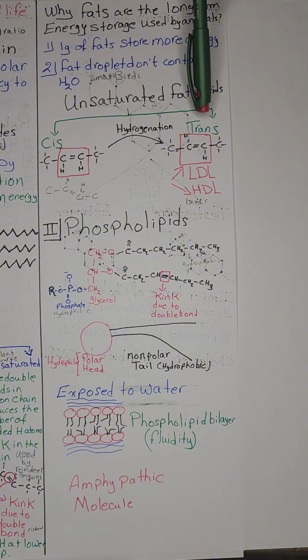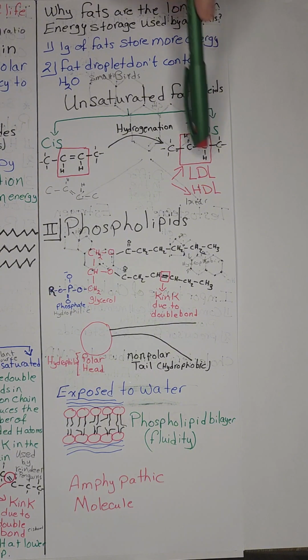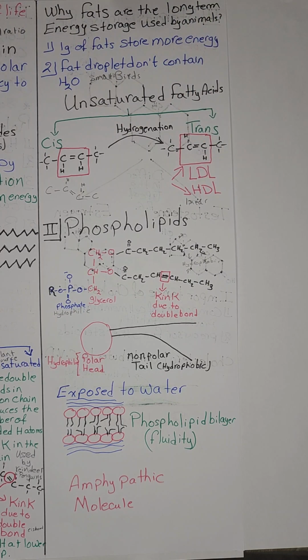The trans configuration means that the hydrogens on the carbons are alternating. And this kind of trans unsaturated fatty acid is produced for maybe better flavor in junk foods or other uses.